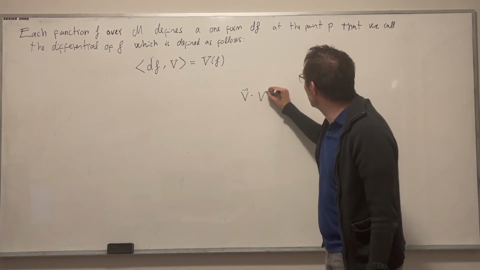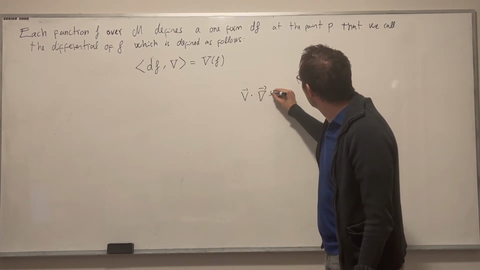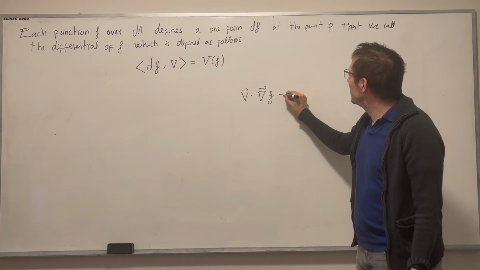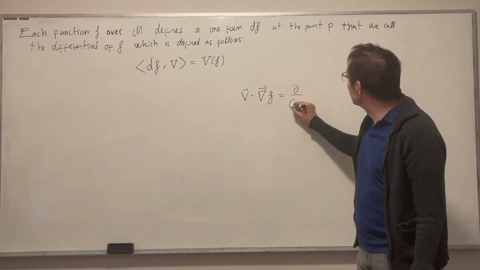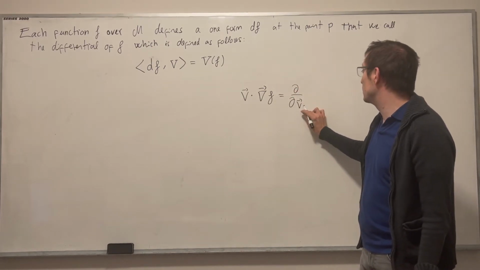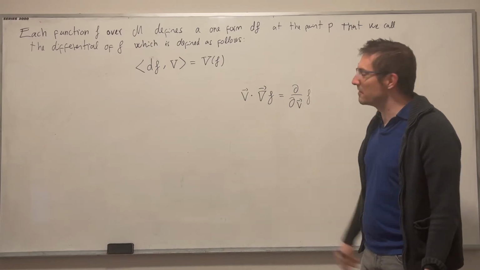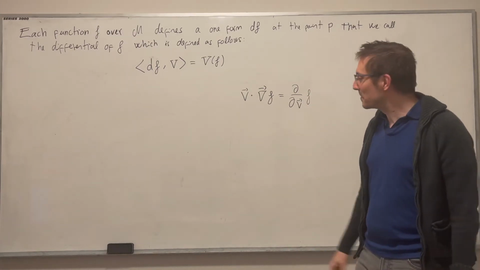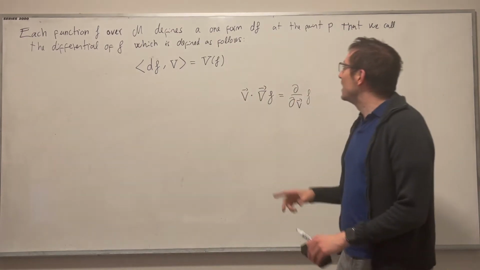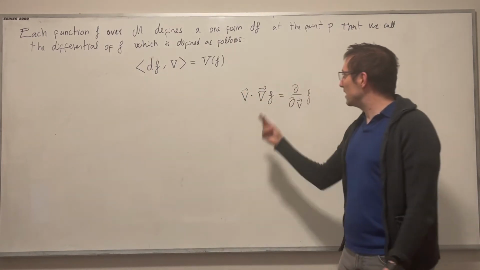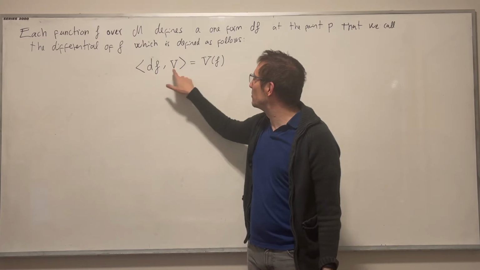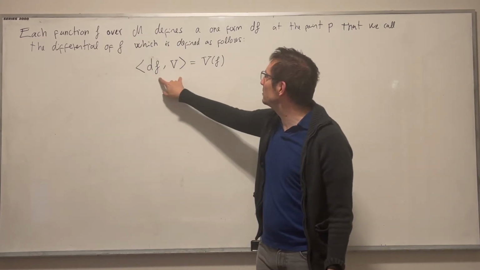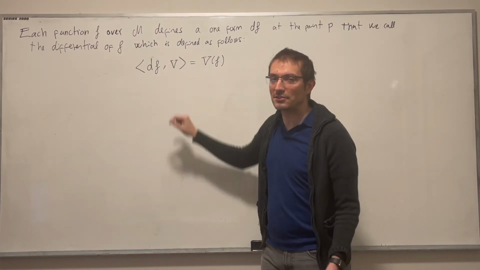I know this is not an inner product, but you wrote something like that, right? And that gives me the directional derivative with respect to the vector v of the function f, usually notated like that. You remember that? So literally, this is kind of analogous to that. When I act with this form on the vector, it returns the directional derivative of the function in the direction of the vector.